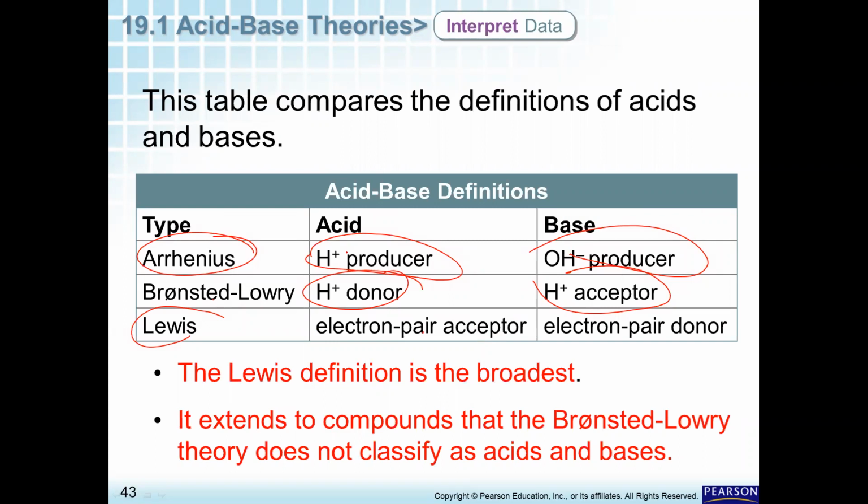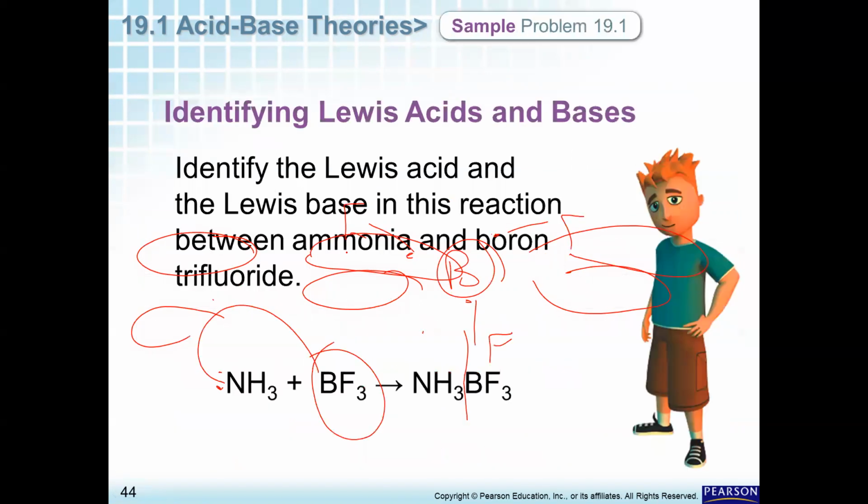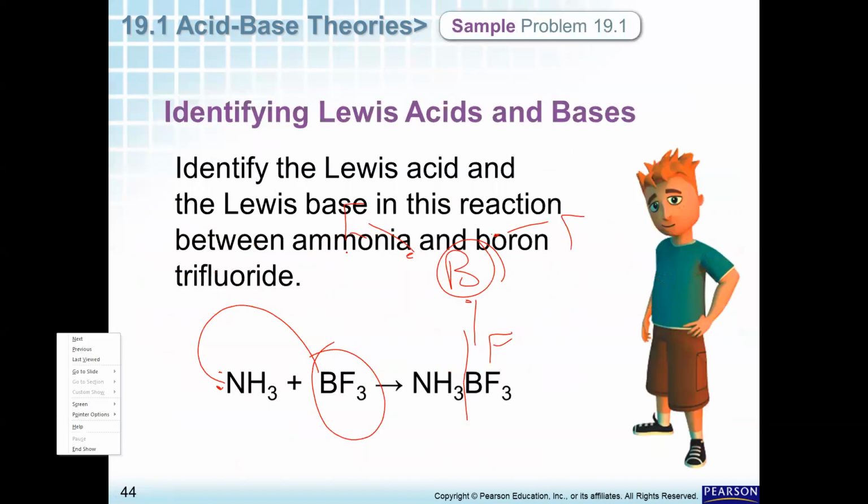Arrhenius: an acid is a producer of hydrogen, a base is a producer of hydroxide. Bronsted: H plus donor and H plus acceptor. Lewis is about a pair of electrons that are donated by the base and accepted by the acid. This Lewis definition covers all the material before, as with the circles that I was drawing for you. Okay, so that's the end of section 1, and that's the end of the week.